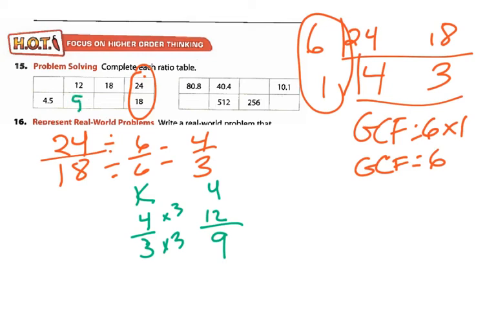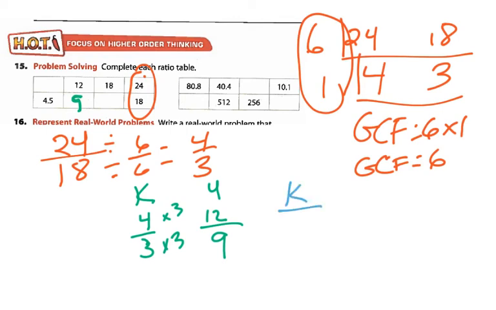Okay? So once I have that one filled in, that makes it a little bit easier to fill in this first one with 4.5. Because if you can use your number sense, you would know that 4.5 is half of 9, right? So, how would I get there? Well, I'm going to go to a different color here.